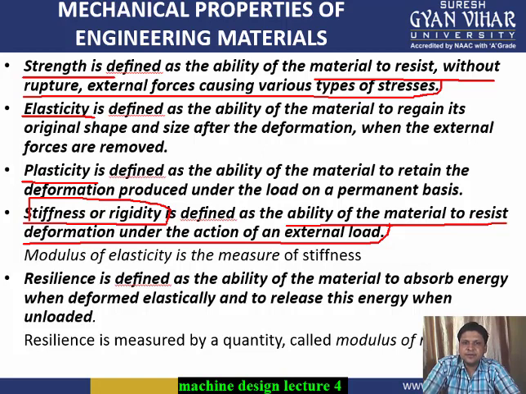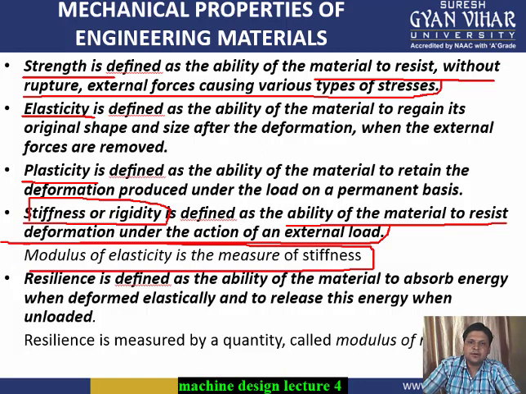In that case, we say that the material is stiff or rigid. And what is the measure of stiffness? Modulus of elasticity is a measure of stiffness of the material. The more the modulus of elasticity, the more the material will be considered as stiff.